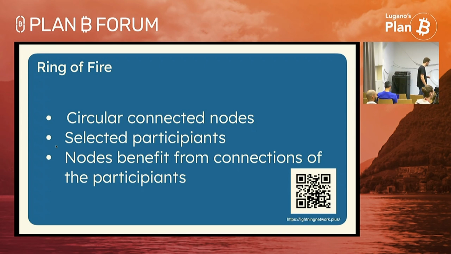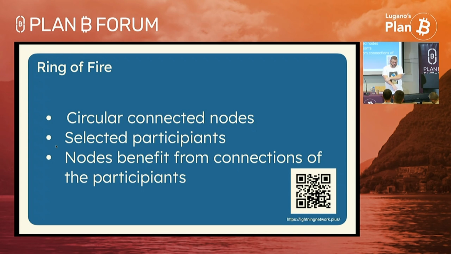Is this public information, how many rings of fire there are, and can you then as a node operator say, I want to join you, and make an application? How does this work? Lightning Network Plus shows you a lot of rings, but once a ring is formed, it is closed. This is why you can apply for participation.